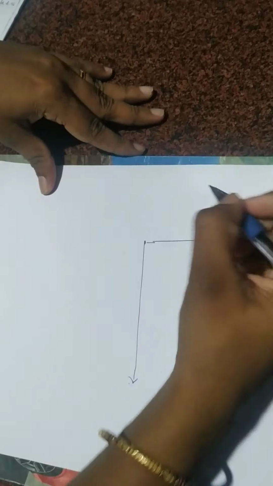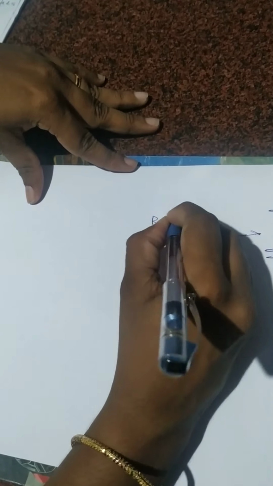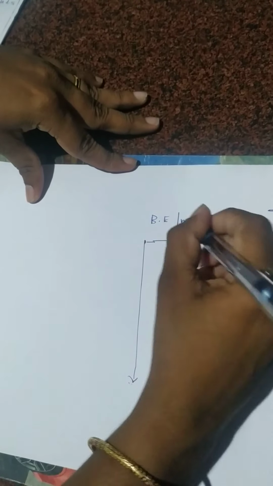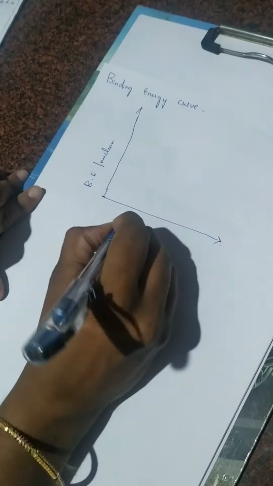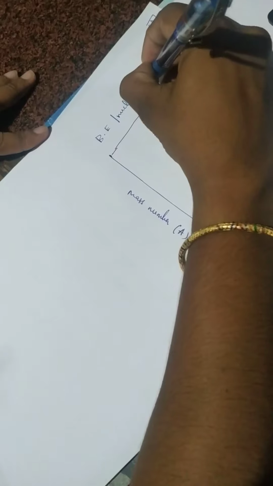It's a graphical representation of the variation of binding energy per nucleon with mass number of nuclei of atoms of different elements. Okay, this is in mega electron volt.